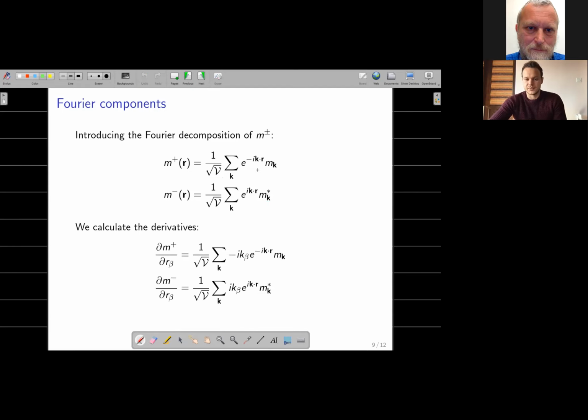Yes, sorry, I forgot. At first place, we need to calculate the derivatives, but that's immediate when we're working with Fourier decomposition, because the derivatives will be transformed into simple multiplications by what is called the spatial frequency, or k beta.